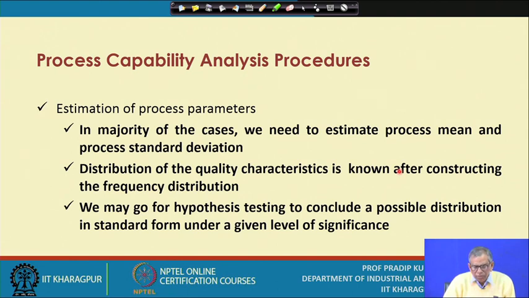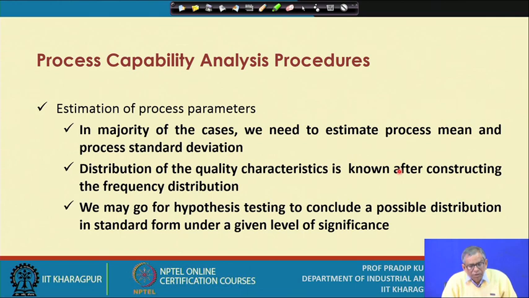We may go for hypothesis testing to conclude a possible distribution in standard form under a given level of significance. Like we might say that my level of significance is say 0.01 or 0.05. So the distribution is assumed to be normal distribution. Is it okay? So for that the standard procedure is hypothesis testing.